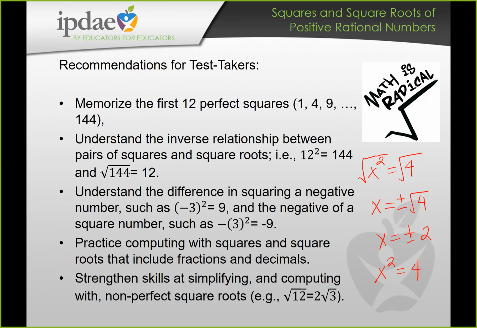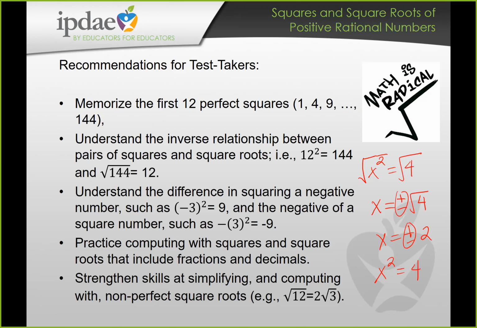And if x is equal to negative 2, that will still work. So negative 2 squared is also 4, because a negative 2 times a negative 2 comes out to a positive 4. So this is the part where students forget the most, to write the plus and minus sign when they're solving an equation that involves exponents or taking the root of both sides of the equation.